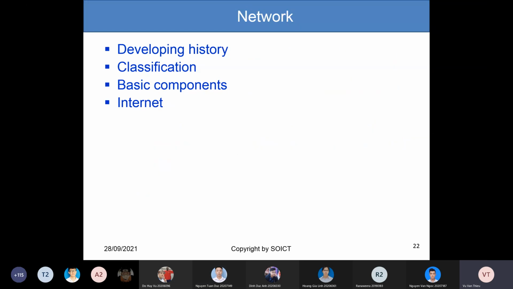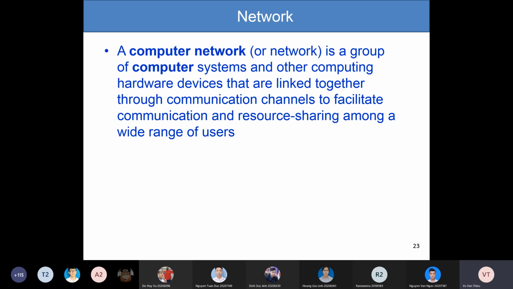About the network, I will talk about the history of network, how to classify it, the basic components, and the most popular application of network, that is the internet. The first is the definition. A computer network, or simply network, is a group of computer systems and other computing hardware devices.